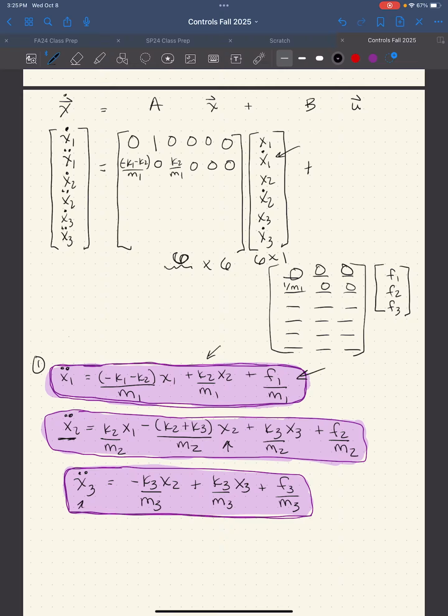Okay, X2 dot is a state, so I need to put a 1 at the 1, 2, 3, 4th column. 2, 3, 4. There are no F1s, F2s, or F3s. Okay, X2 double dot. We need to look at this second equation of motion. The first thing multiplied by X1 is K2 over M2.